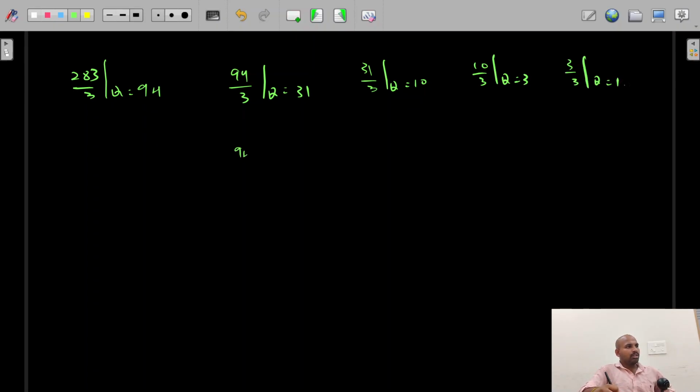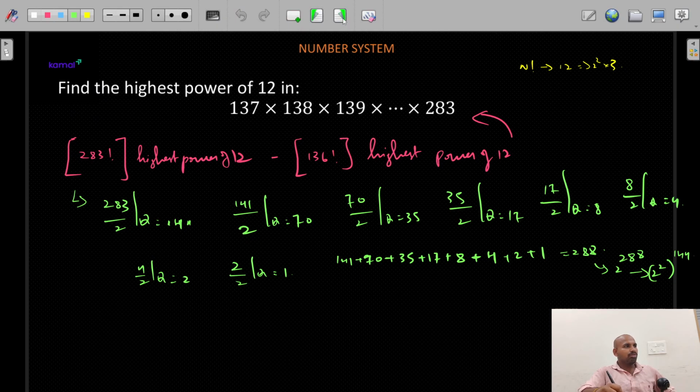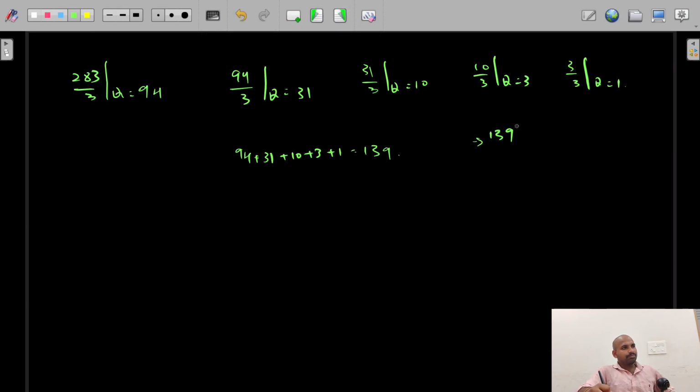Just add everything: 94 plus 31 plus 10 plus 3 plus 1. 94 plus 31 is 125. 125 plus 10 is 135. 135 plus 4 is 139. What is the lowest common value between 139 and 139? It is 139. The highest power of 12 in 283 factorial is 139.